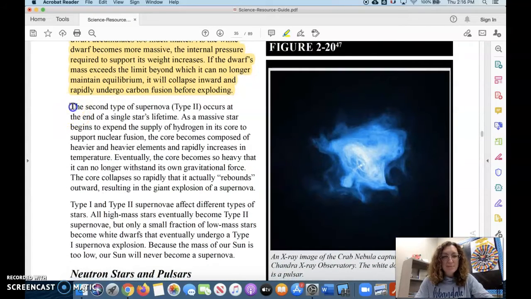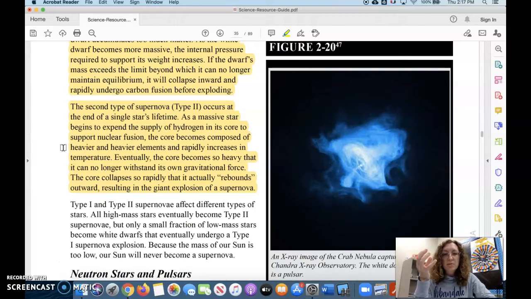The second type of supernova is a type 2. This also happens at the end of a single star's lifetime. Type 1 was a binary system, right? It's pulling garbage from the other star. Type 2 is just one single star. It begins to expend the hydrogen in its core used to being converted to helium for fusion, right?